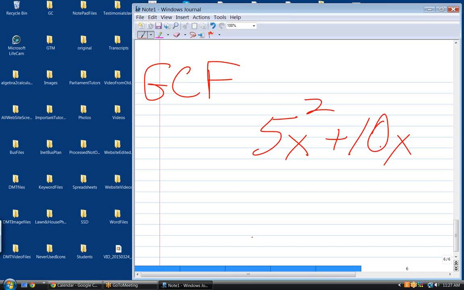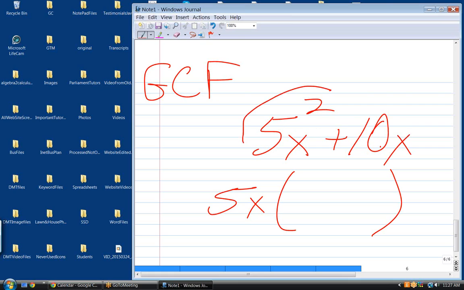What's the greatest common factor? 5x. You see why I can take an x out also? Because both terms have an x in them.